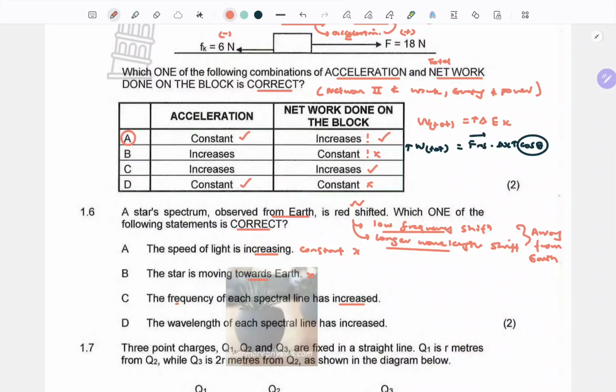No. Remember, frequency is low, so it cannot or should not have increased, perhaps the correct English. Now, the wavelength of each spectral line has increased. The wavelength has increased. That's longer wavelengths. This is true. So this is a true statement.